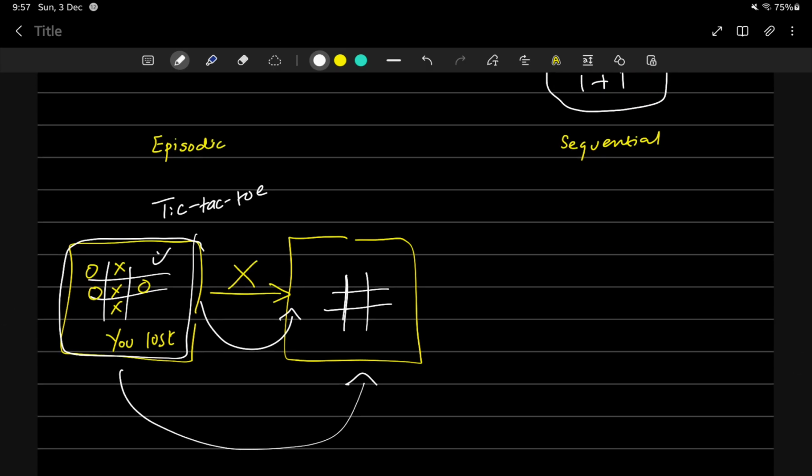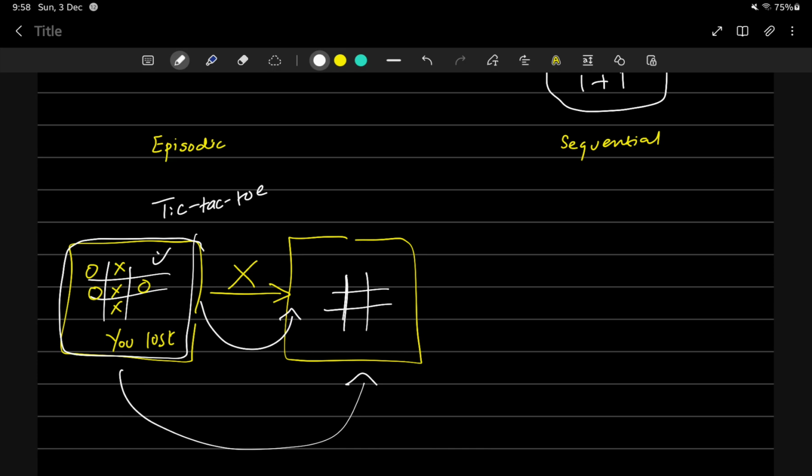So what is sequential? Sequential is the opposite of that. Very simple. In a sequential environment, the agent's actions have a long-term impact. The current action's consequence affects future actions. So it is obvious that memory of past actions would be required in this case to make decisions, right?